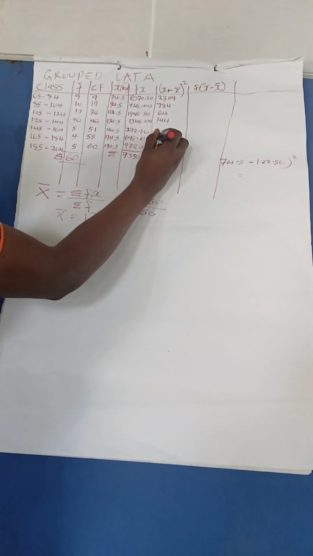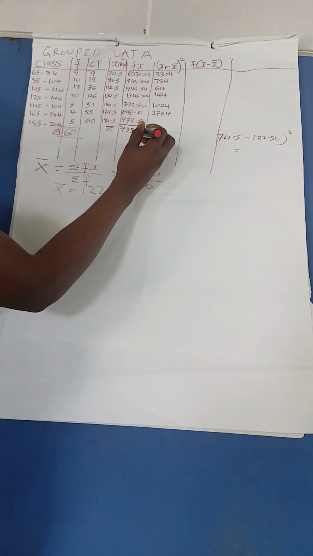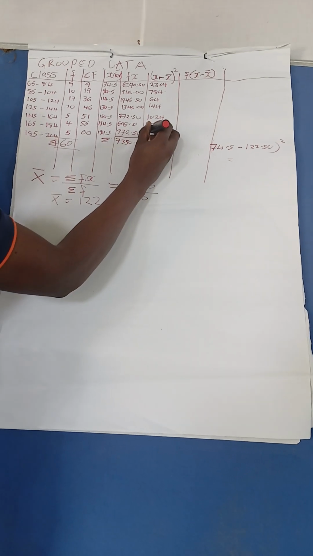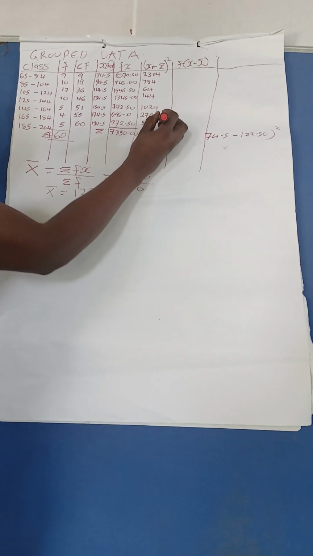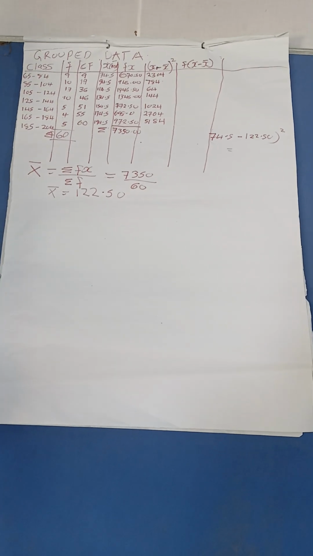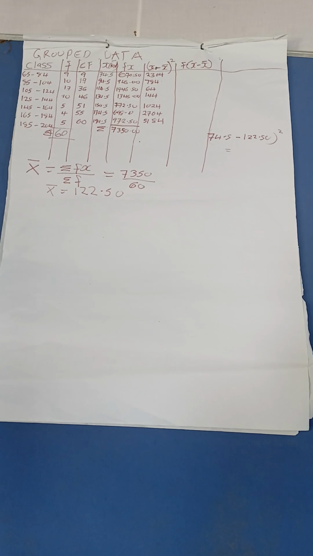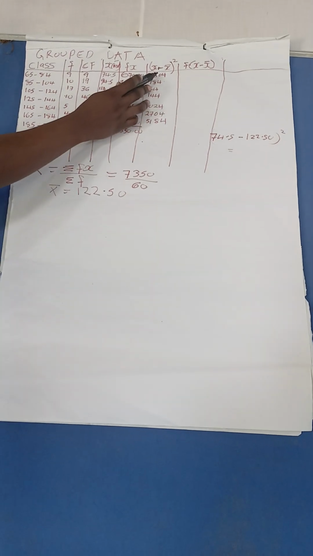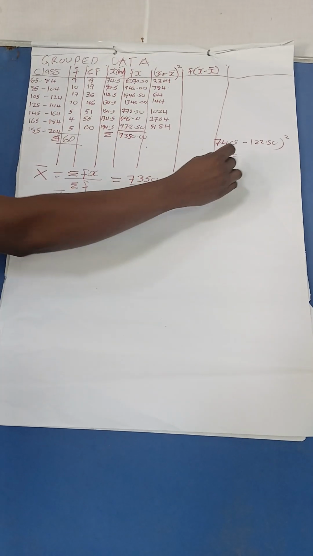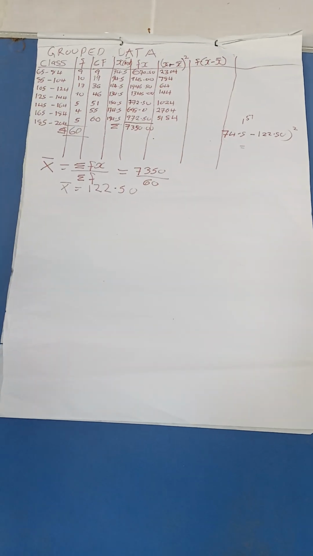Next we'll have 2704. Then next we'll have 5184. Good. So that is how we determine that column. That's why we were determining the mean. The mean has helped us to get x minus mean, then you square. You do the rest the same way I've done the first one here.